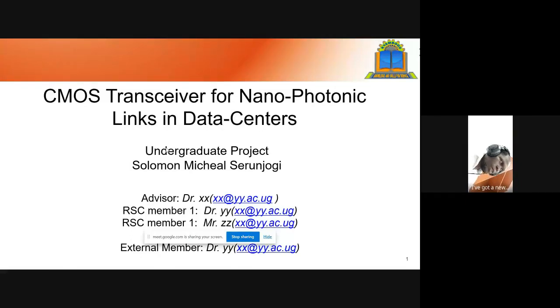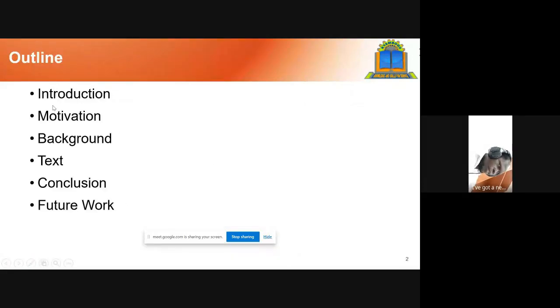A student cannot present unless they have submitted a copy of their work to their supervisor and to their co-supervisors. So you'll have an outline like this, which has an introduction, motivation, justification, background. You have the text, which is your actual work, and then the conclusion, and then the future work.